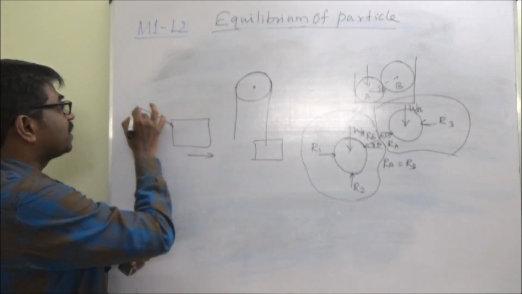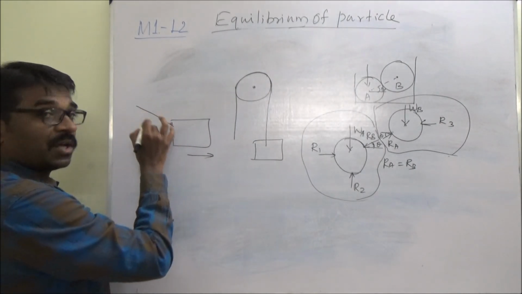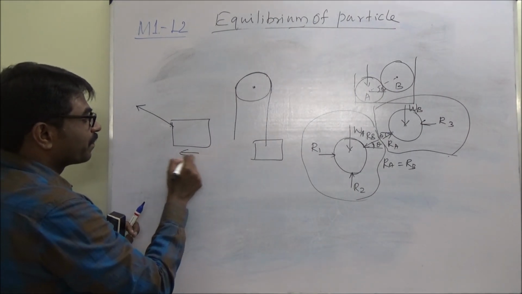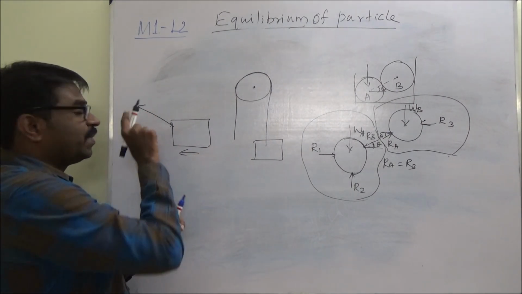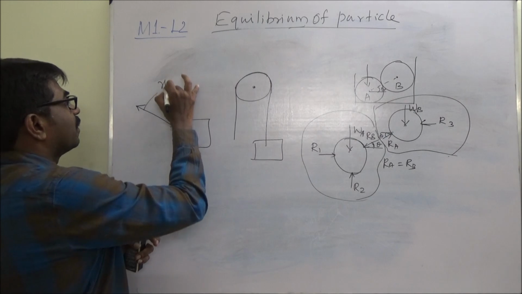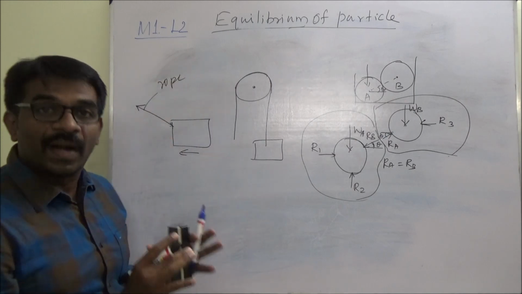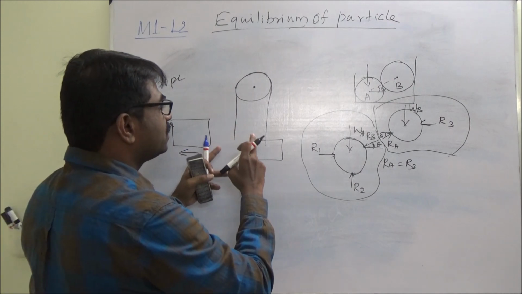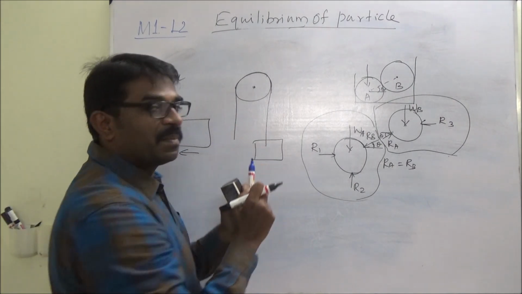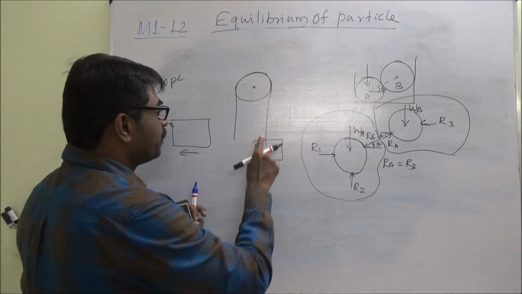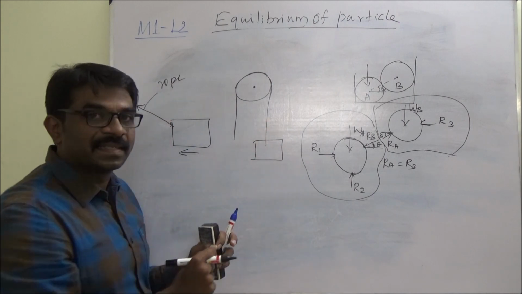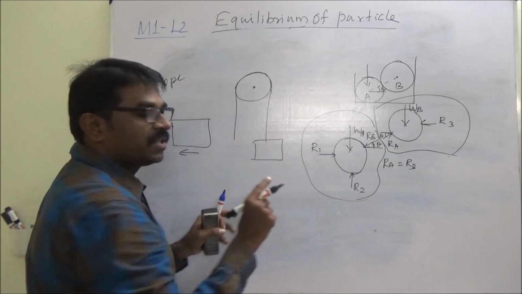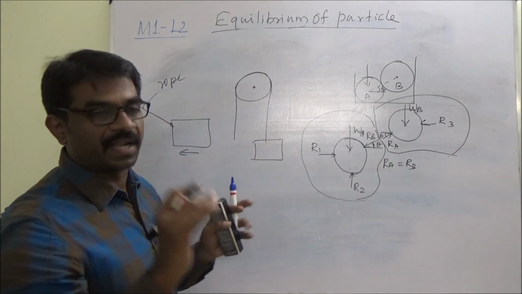But using the string or the rope, you can pull it. So the rope will take only the tension force. So when you are drawing the free body diagram, the force exerted by the rope on the body is always tension.